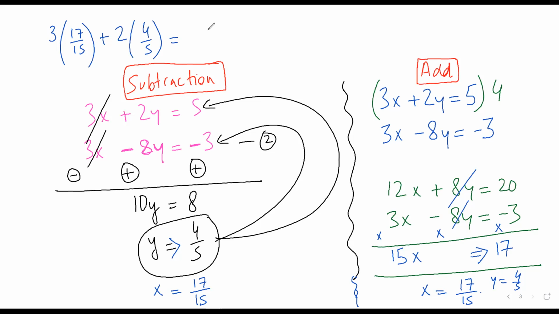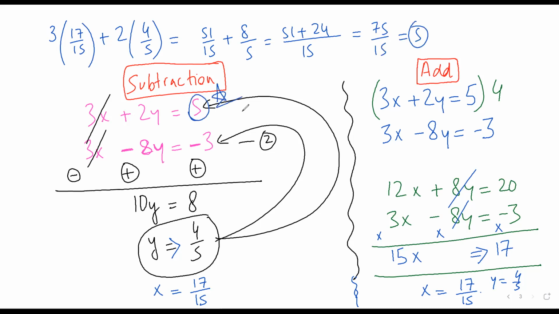So this would be 3 times 17 by 15 plus 8 upon 5. LCM is 15. This is 51 plus 24, that is 75 by 15. This is 5. So the answer is correct. So Ariman, have you understood what I have done? Yes, sir.